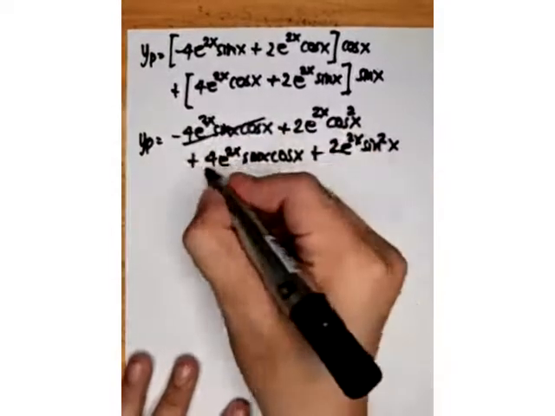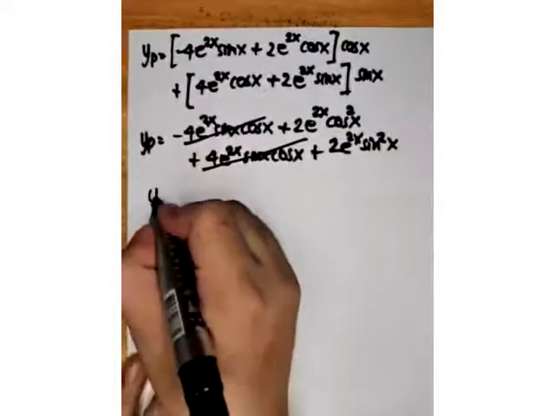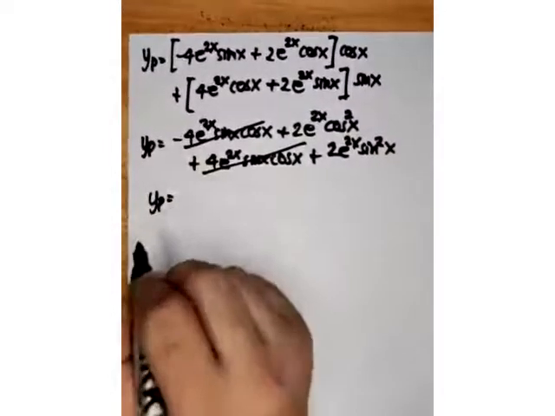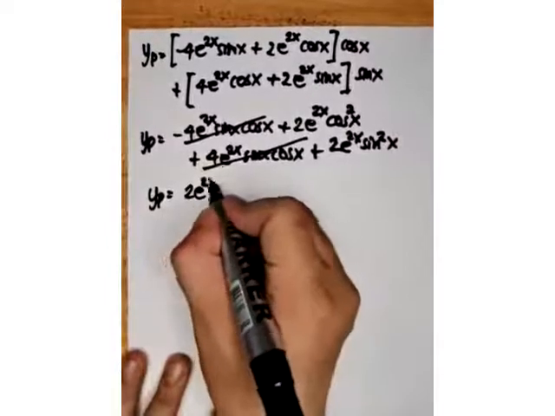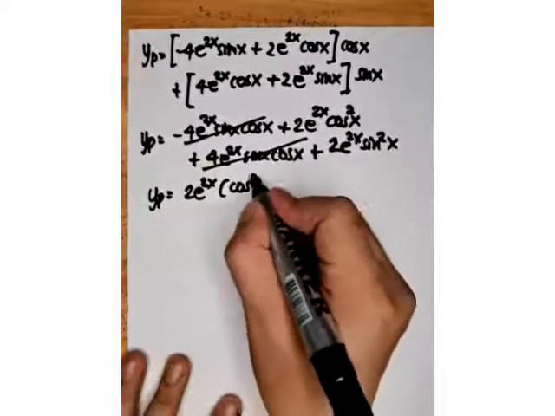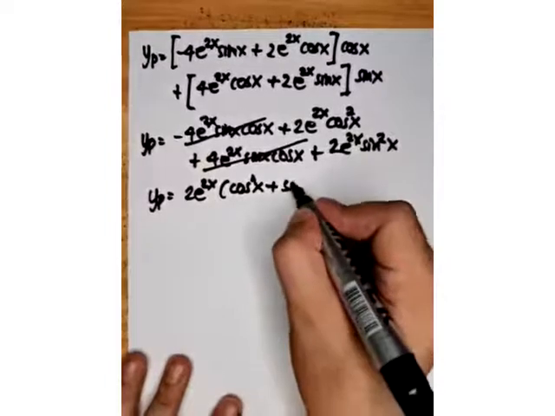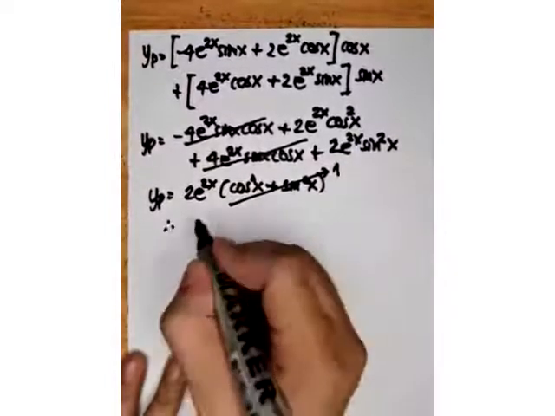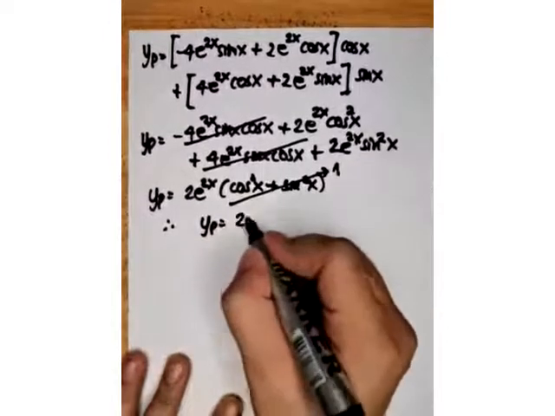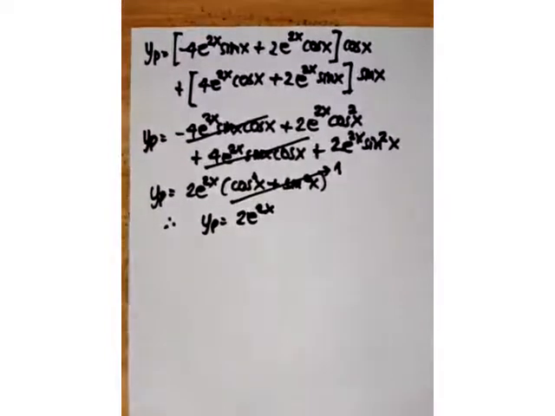So this will be cancelled, and then we can factor out 2 e raised to 2x times cosine squared x plus sine squared x. But this is equal to 1. So therefore, y sub p is equal to, there, if we did the trial particular solution, our answer would just be 2 for A.